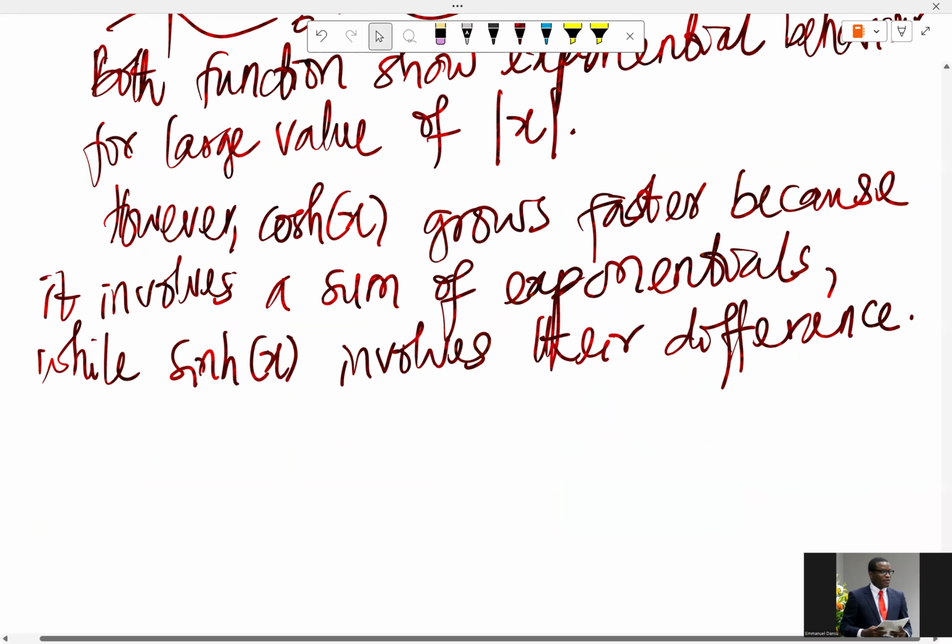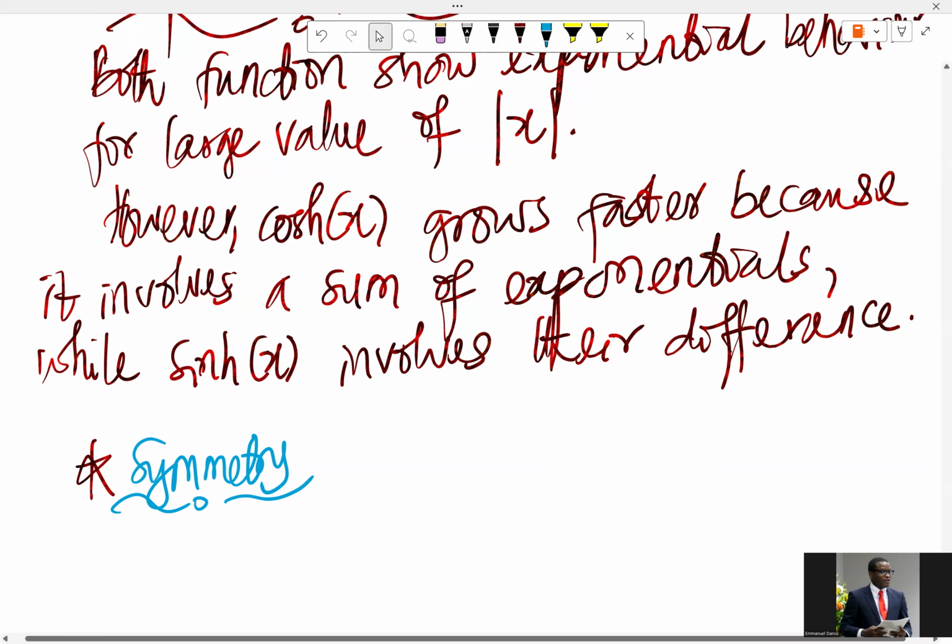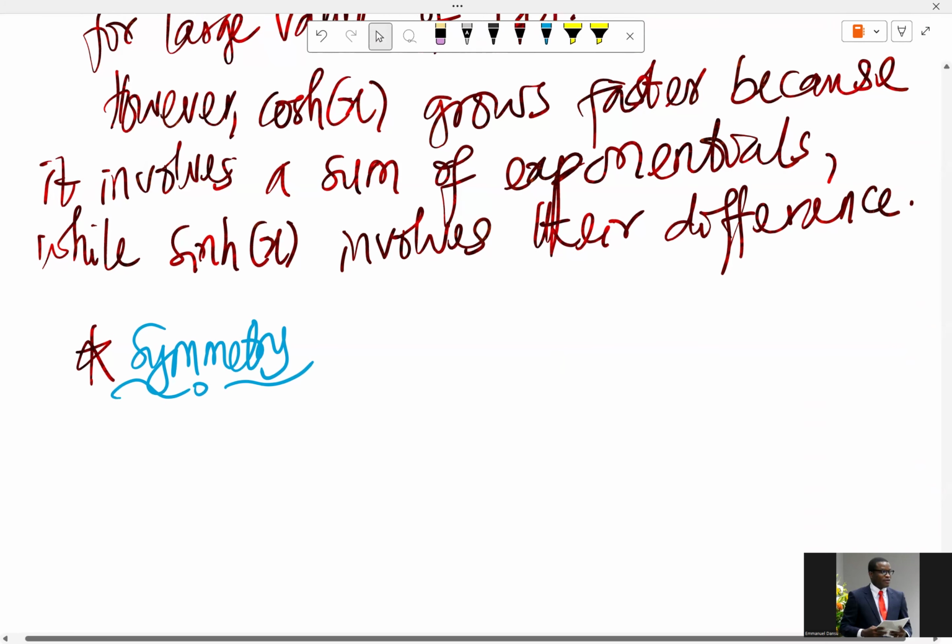Then we also see the idea of symmetry. Symmetry is more like equal. When you divide the graph into two equal parts, you have the same shape on both sides, though they may not be in the same direction. So you see that sinh x is symmetric about the origin.